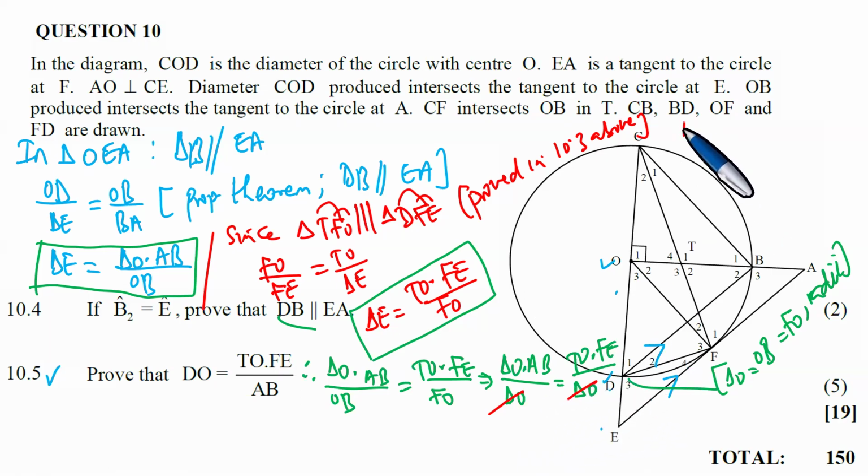So which means that you have DO AB equals TO FE, which means that DO is equal to TO FE over AB, which is this one, which is that one.